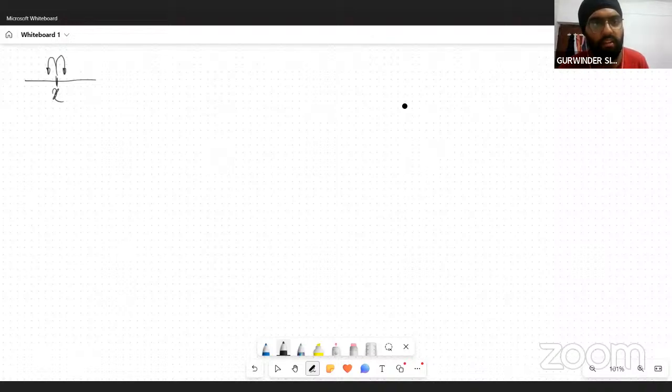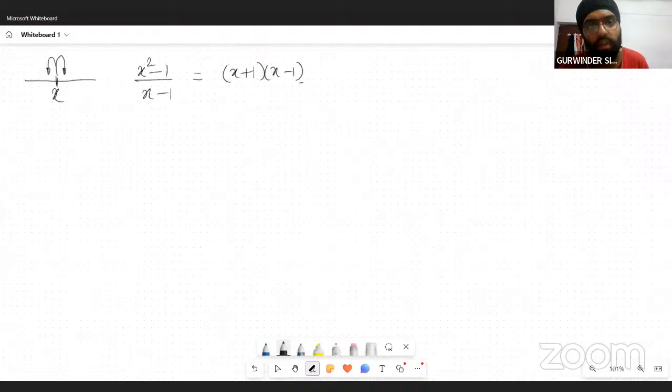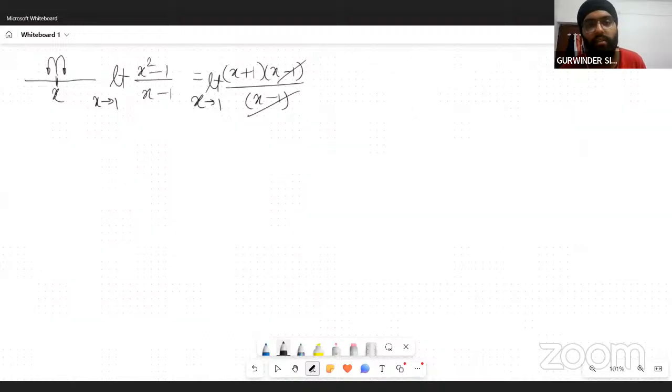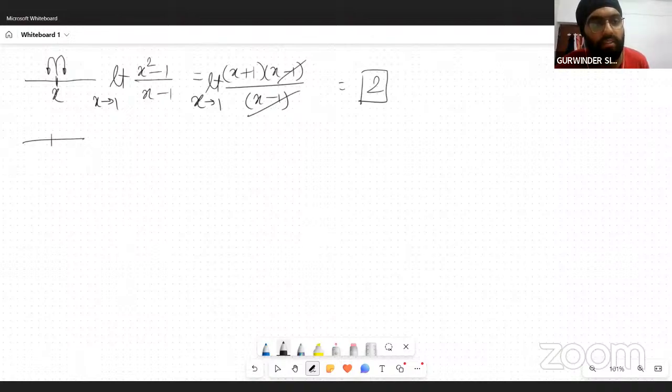Like we had discussed that when we were substituting x tends to 1, we were able to cancel this out, and so we got 2. The reason behind it is that we were not talking about the exact number 1 on the number line. So this was the concept I was discussing.